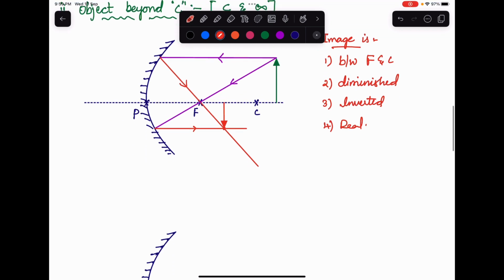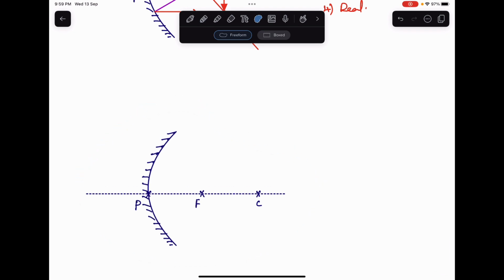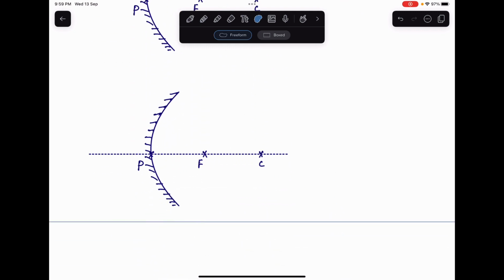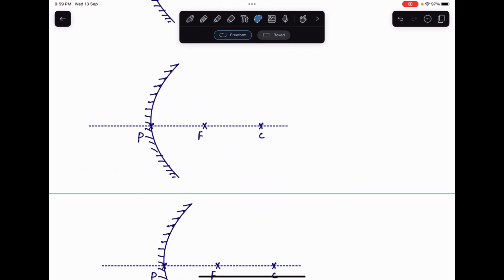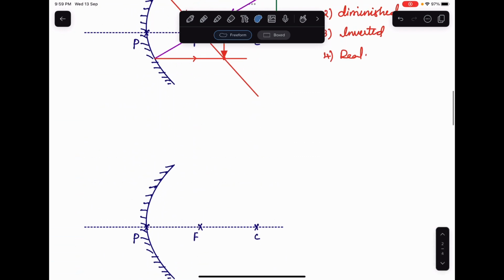And let us see the third one now. Before going to the third one, let us take a duplicate of this mirror, so that it will be easy for us for the next diagrams. Right, if necessary we will take two more, if not, no need.